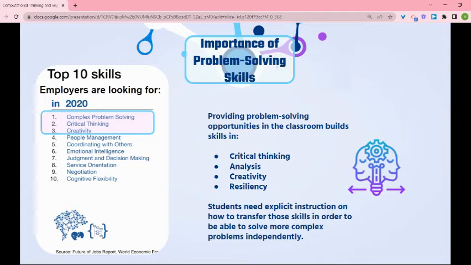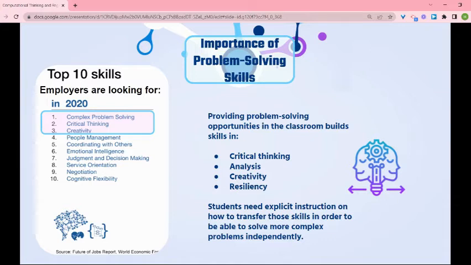So I think we would do well here to go back and review the importance of problem solving skills. If you haven't been following this whole series, I will just do a quick little review about why it's important to have problem solving skills in the classroom. Providing problem solving opportunities in the classroom builds skills in critical thinking, analysis, creativity, and resiliency.